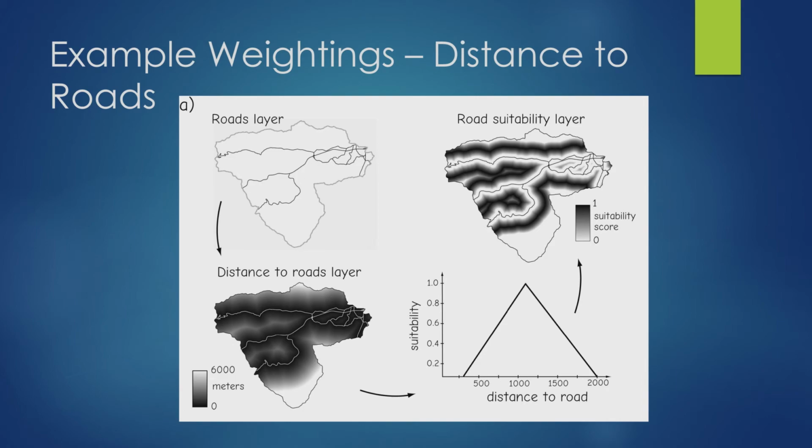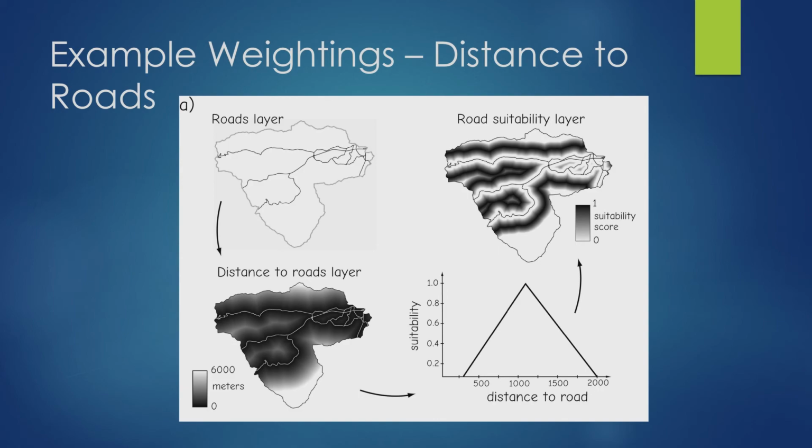Lots of times, particularly in conservation applications, which I work a lot in, there are negative externalities. They're negative things that affect the habitat that you're looking at. So things like the distance to roads can negatively affect different things more than other things. Different habitats are more fragile than other habitats.